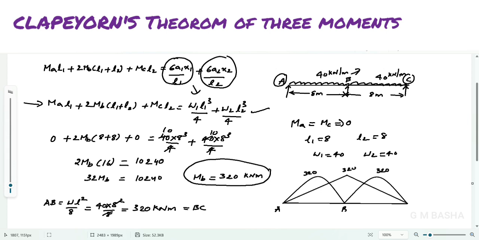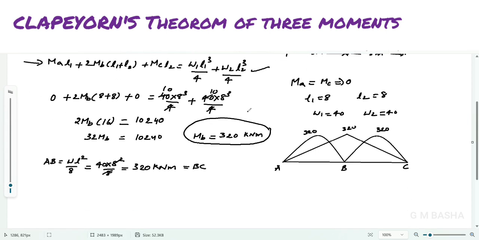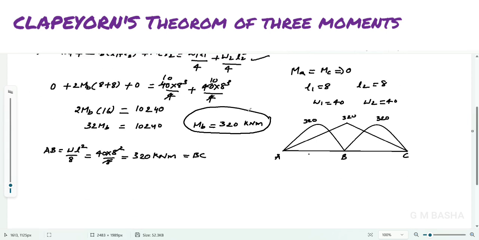So this is how you can draw the resultant bending moment diagram. Again, if you want to find the net bending moment diagram, this is on span 8 meters, this is on 8 meters. So if you want to find the net moment, we can find the ordinate here, and then remove it from this 320.